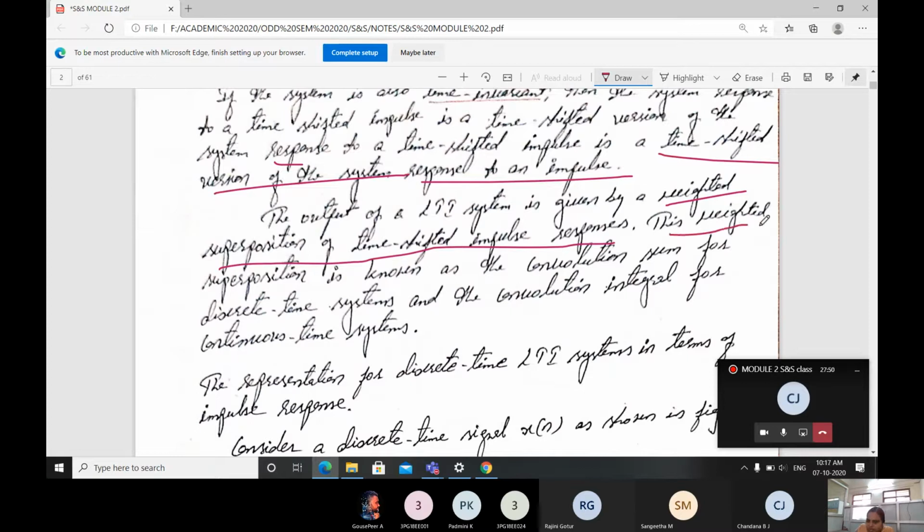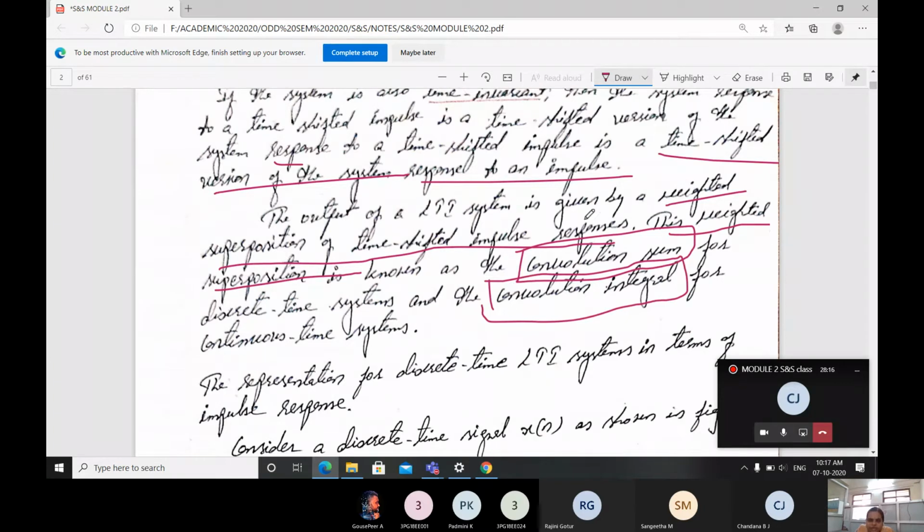This weighted superposition we call by the name convolution sum for discrete time signals and convolution integral for continuous time systems.